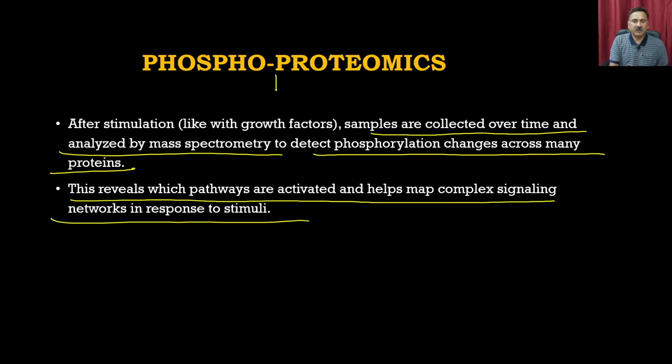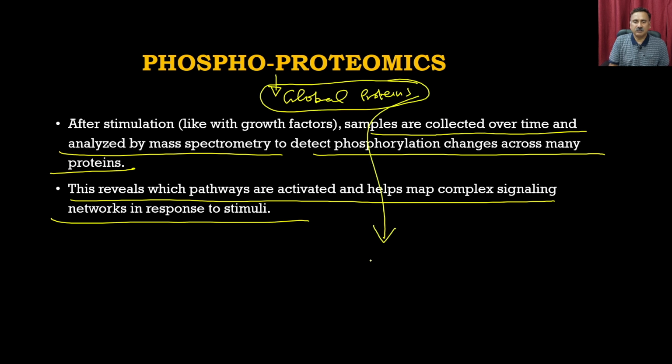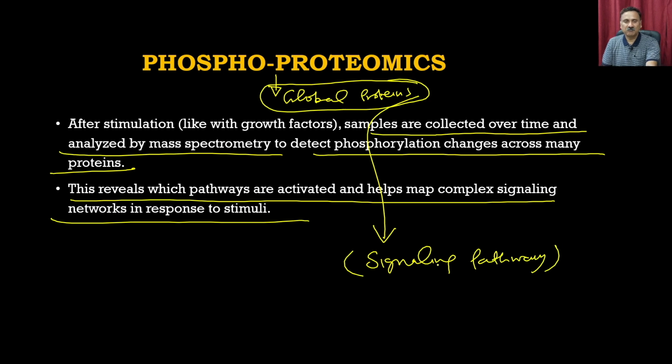So phosphoproteomics is going to give you global phosphoproteins. Okay. And once you know the global phosphoproteins, using this data, you can draw the signaling pathway. You can use that in conjunction with Western blotting to deduce the signaling pathways.